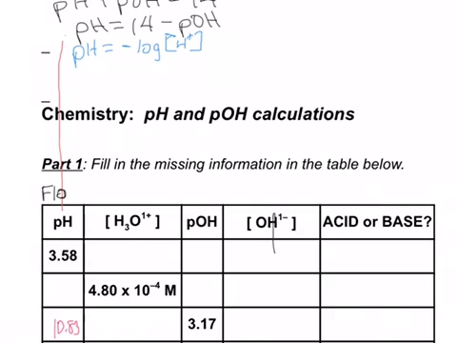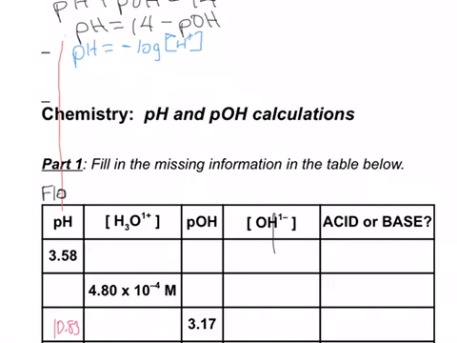Do second E negative 4. So right now in your calculator, you should see negative log 4.8 E minus 4. You see it? Press enter.